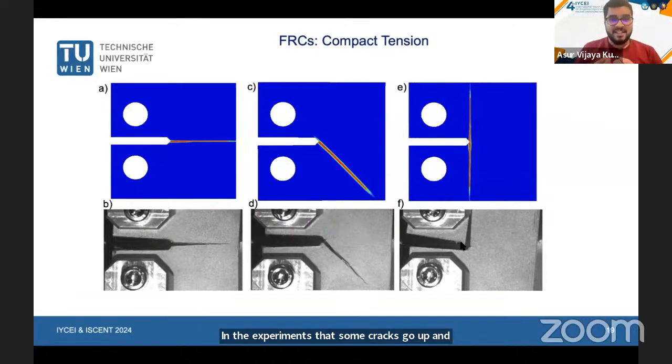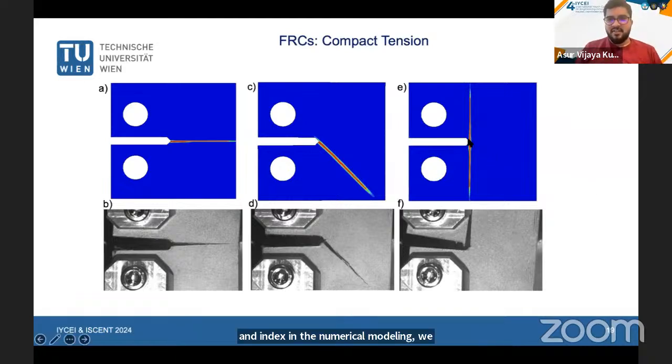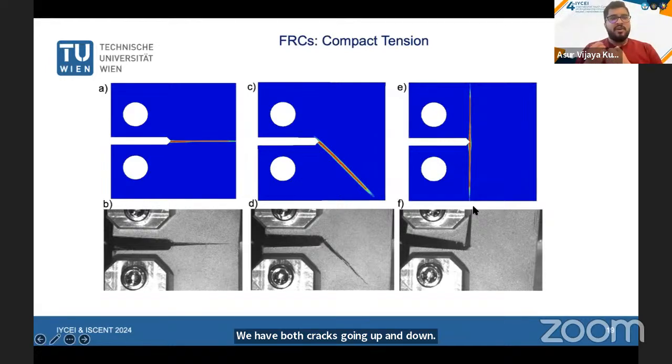In the numerical modeling, we can represent both of them together. See, we have both cracks going up and down. So this means that the numerical model is very helpful. It can simulate the experimental reality very well.